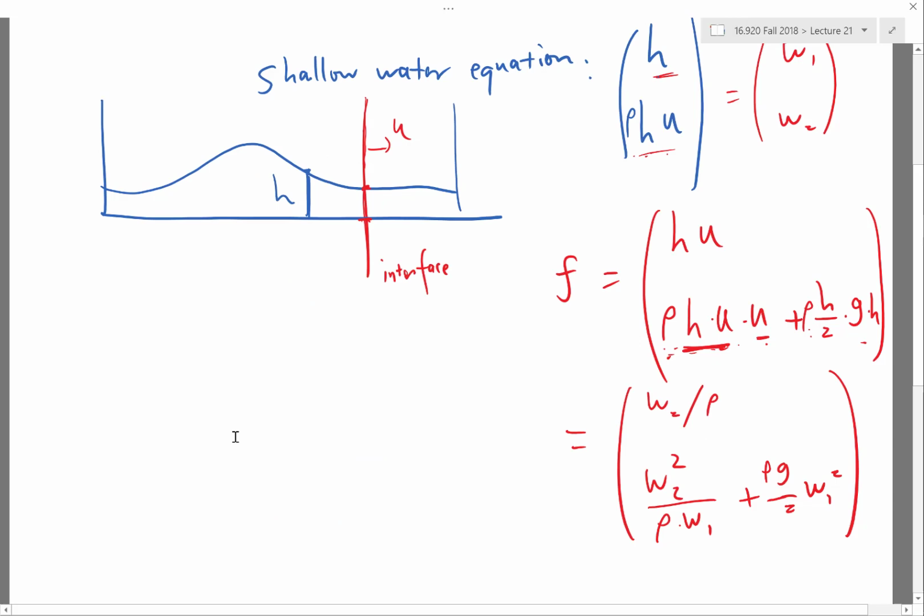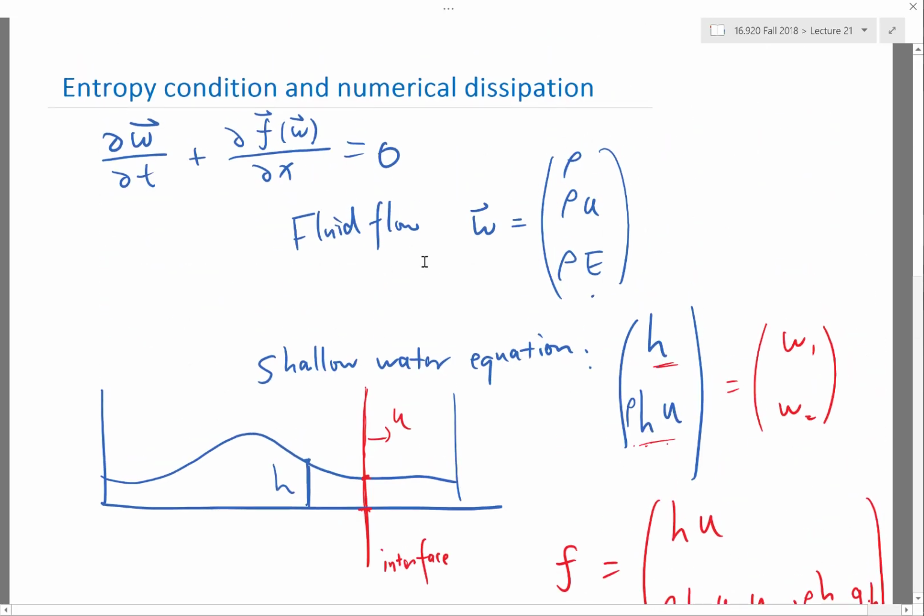So, for example, if you have the equation for fluid flow, the gas dynamics equation, a typical discontinuity would actually evolve into three separate things. You have a shock wave that travels in one direction. You have a so-called contact discontinuity that involves a temperature change, discontinuous temperature and discontinuous density, that travels in another direction.